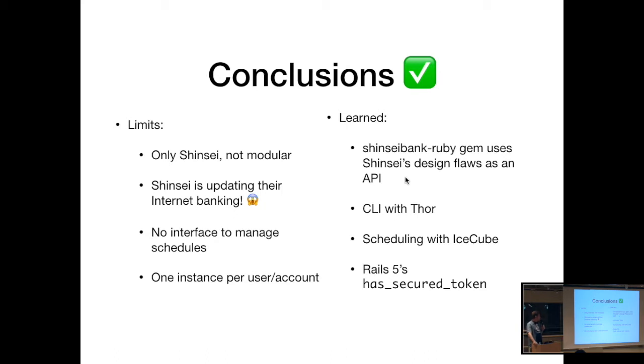I learned to use Thor to build command line interfaces, which relieves a pain that I had before when I was trying to build my own CLIs. I learned I can use IceCube to schedule events, and I'm sure it's going to help in many other tasks. And I learned about the Rails 5 has_secure_token, which is just a simple thing that was a bit harder before, but it's nice.